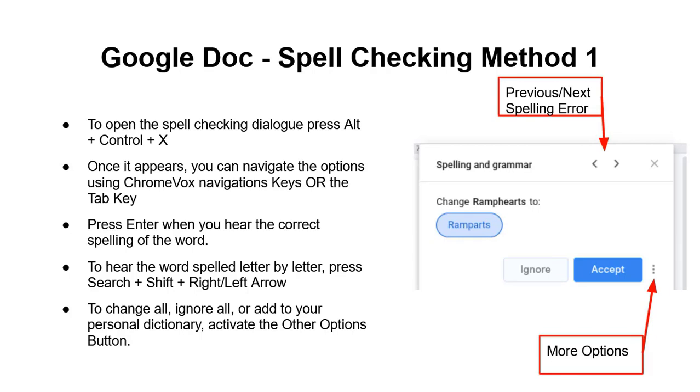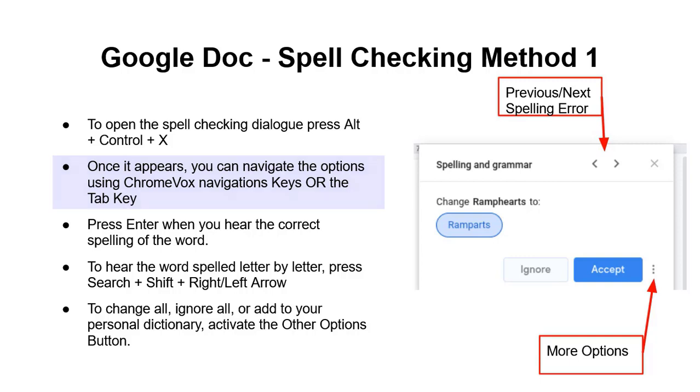Spell checking is always a fun little thing, and it's kind of important. There are a couple of ways to do it. To open the spell check dialog, you're going to press Alt, Control plus X. No, I don't know who came up with this, but it's Alt, Control plus X. Once it appears, you can navigate the options using the navigation keys or the Tab key.